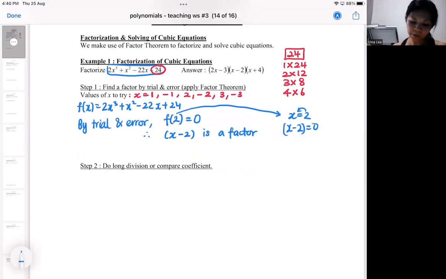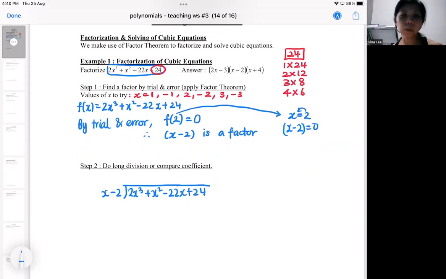So with this being a factor, your next step is to do a long division. There is more than one method for doing this.